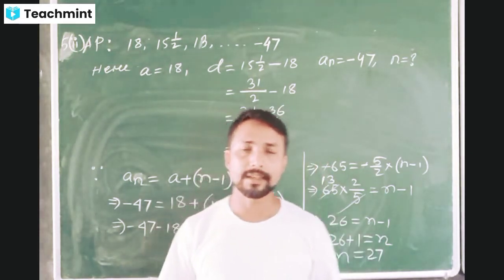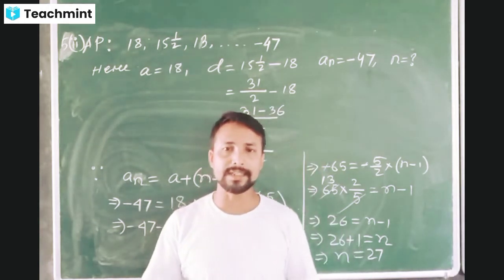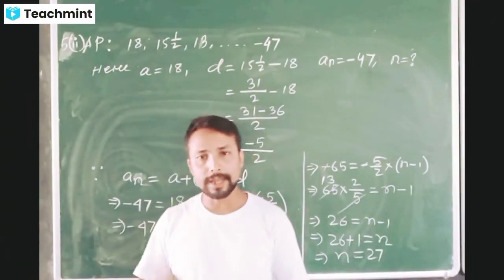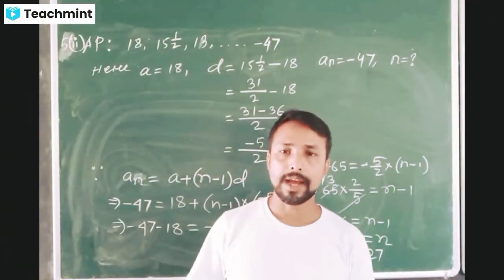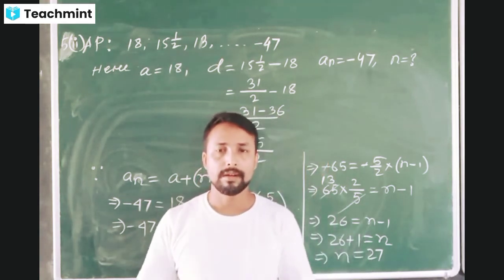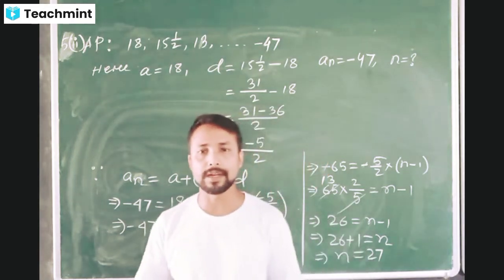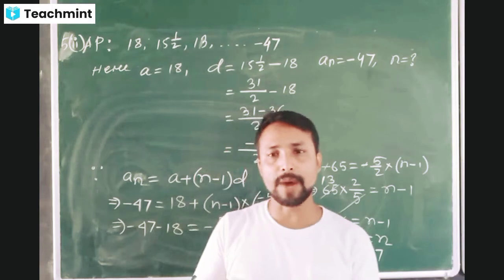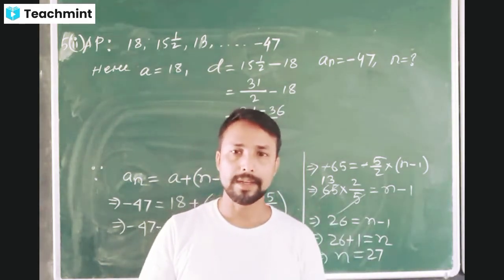It's very easy. We have to assume minus 150 is a term, any nth term. Then if we get the value of n as a natural number, we accept that minus 150 falls in that AP.